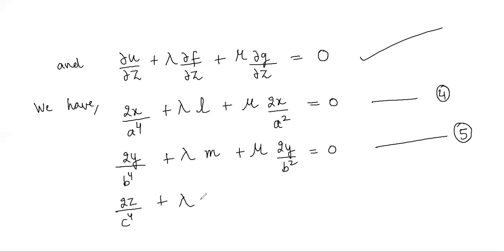Then it is lambda n plus mu, and it will be multiplied with 2z upon c square. This is del g by del z equal to 0. And let us name this as equation 6.